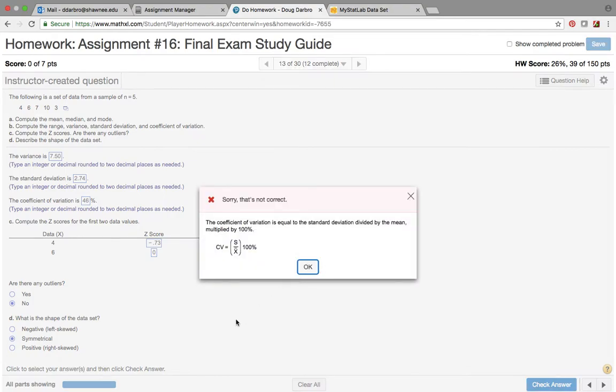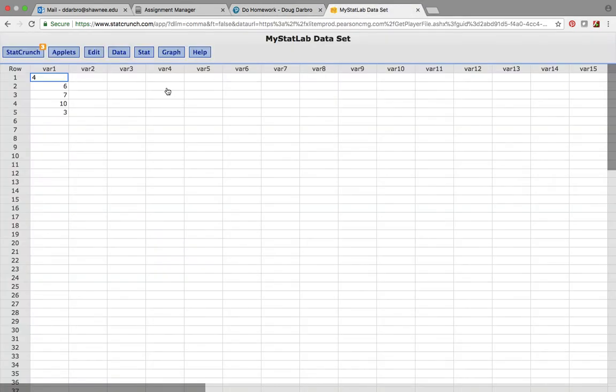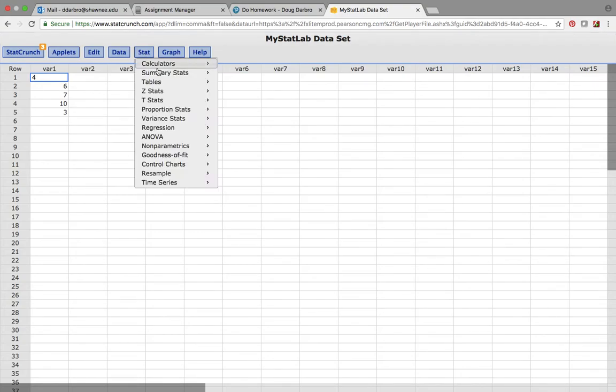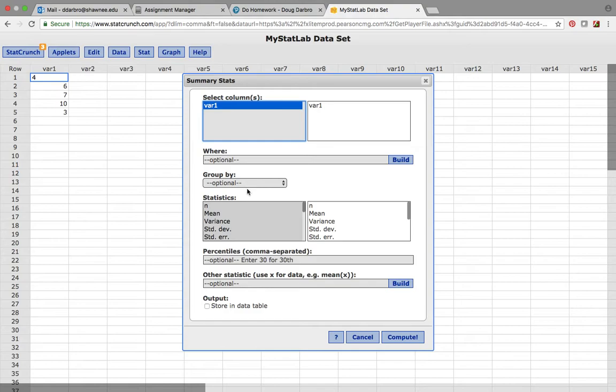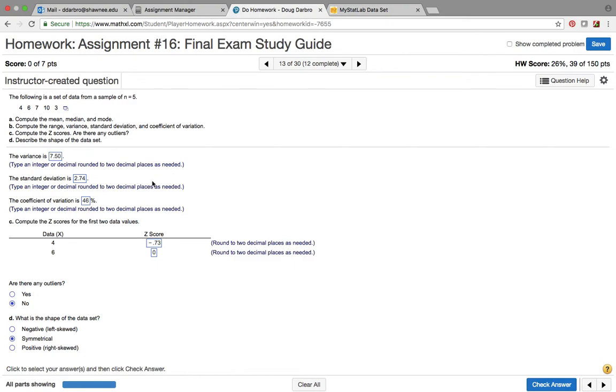It's going to be a miracle if I don't have a typo or something in here. So coefficient of variation, let's make sure, 46%. Okay, what did it tell us to round to?